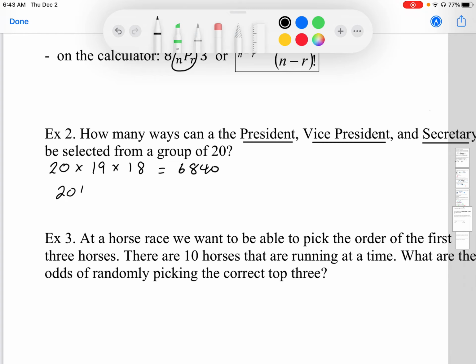We can use 20 factorial over, and we can get rid of the 17 that we don't use, or 20 minus 3 factorial, and that will give us 6840. We could also plug this into our calculator. So this is a third option. We could do 20 NPR 3, and that will give us the exact same result.